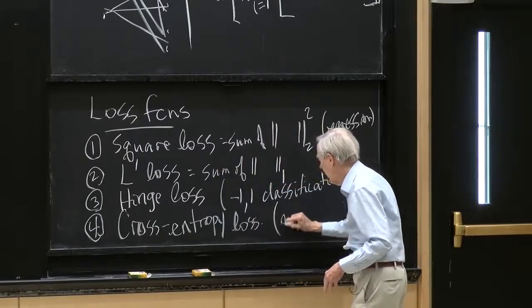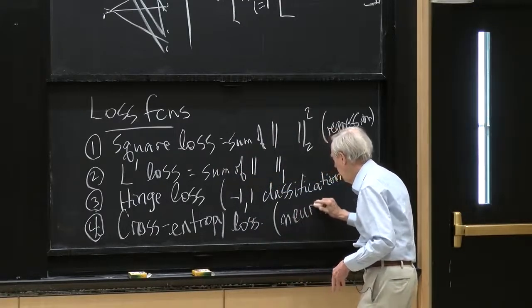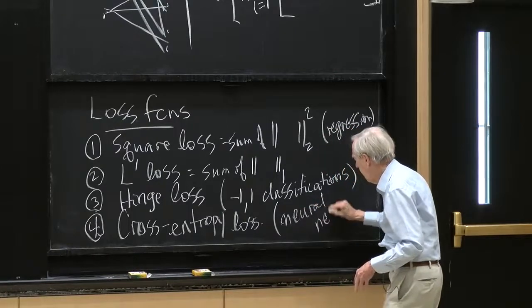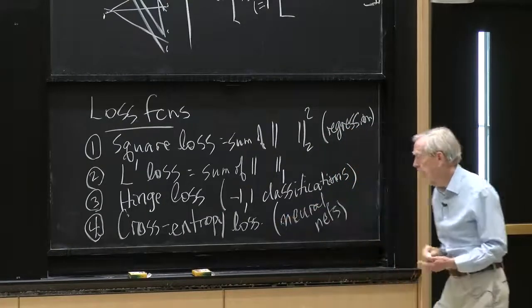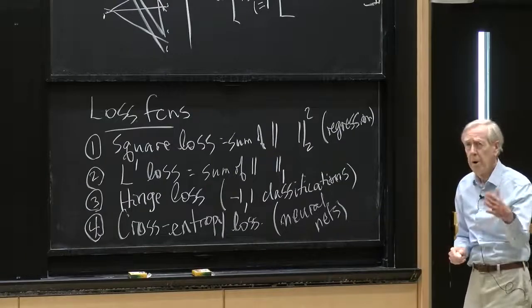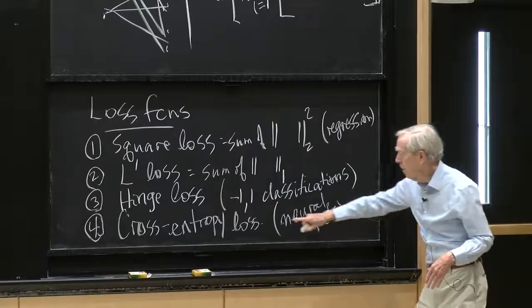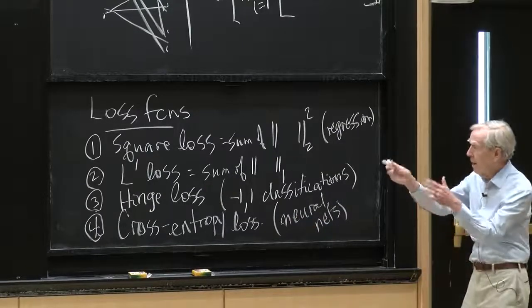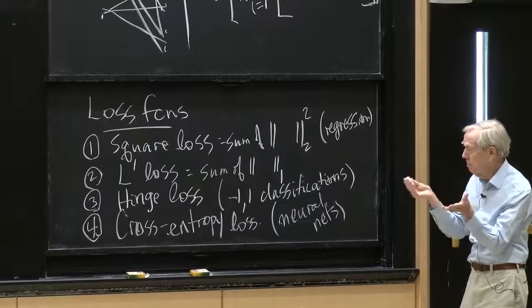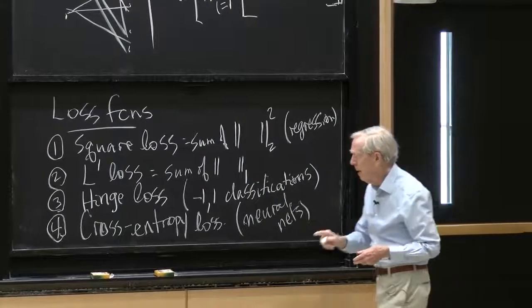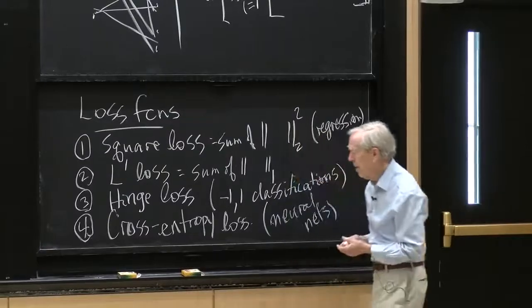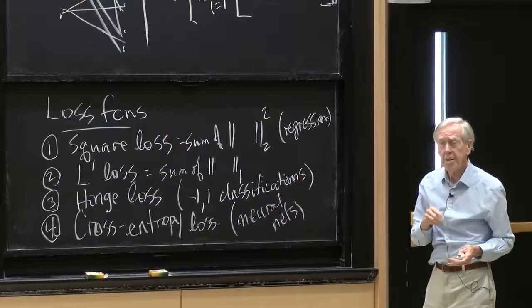This is for neural nets. So this is really the most used loss function in the setup that we are mostly thinking of. And I'll try to say more about that before the course ends.